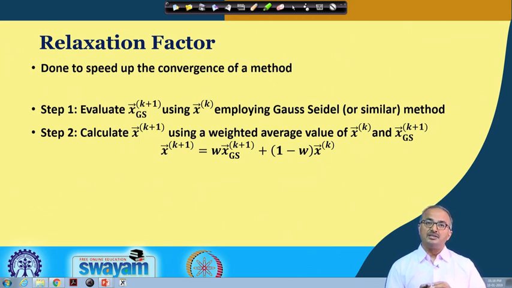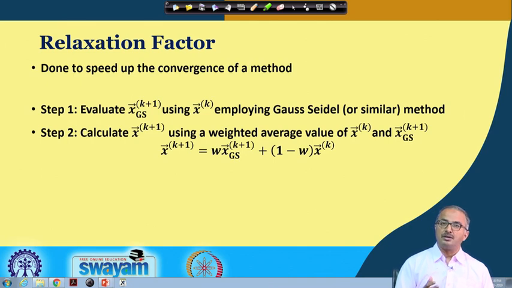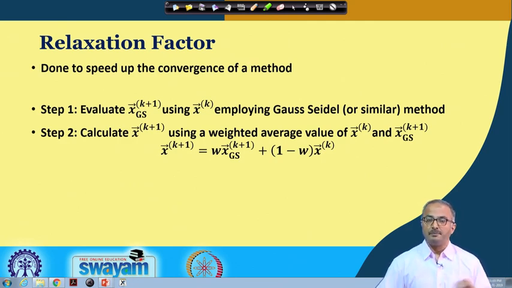Over relaxation is generally prescribed if the problem is going towards a linear problem, and we go for under relaxation if the problem is more non-linear. So this is the way we artificially try to ensure convergence of the particular set of equations.